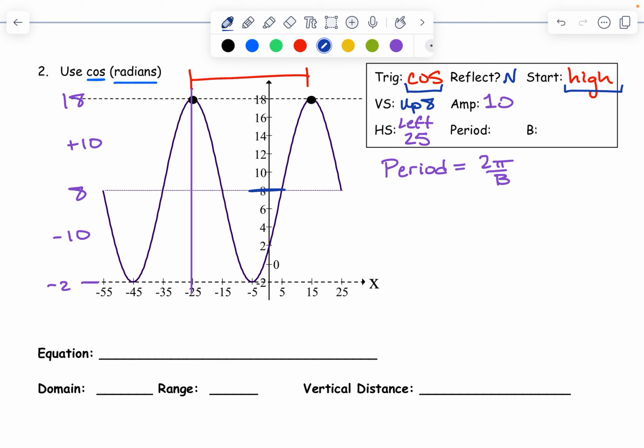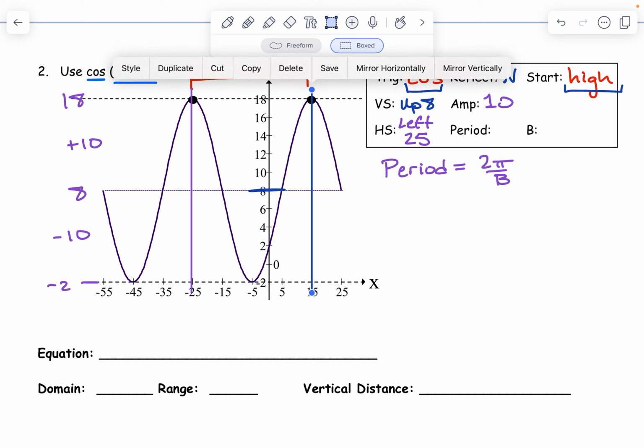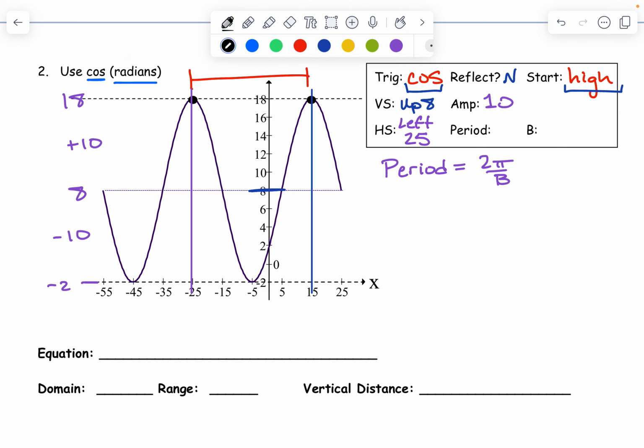And if we count, just like we did on the last one, we take our final measurement, 15, and we subtract our initial, negative 25, that gives us 15 plus 25, which is 40. Our period is 40. And so 40 equals 2 pi over b.